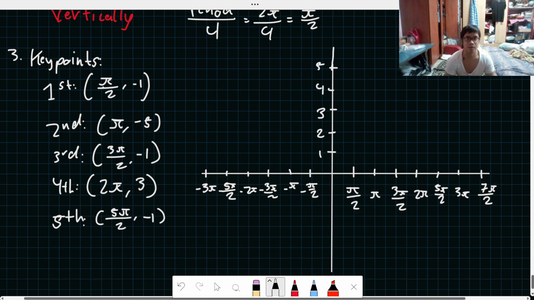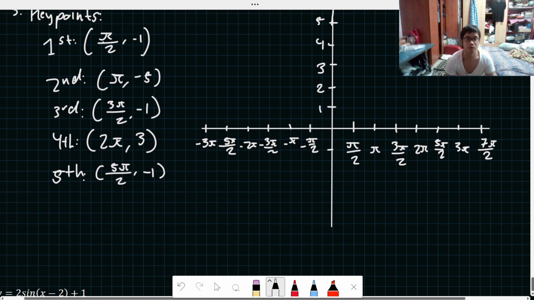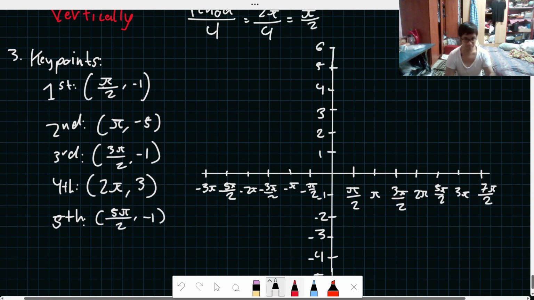Let me add another one. All right, that's 6. We will do the same thing below: negative 1, negative 2, negative 3, negative 4, negative 5, and lastly, negative 6. Okay, there we go. Let's plot them.